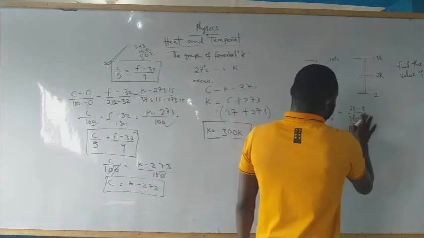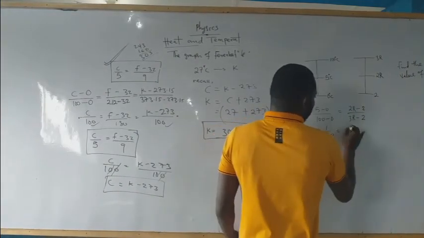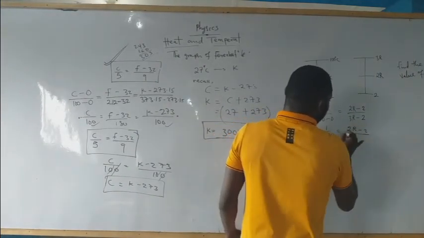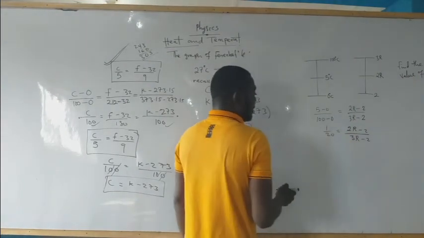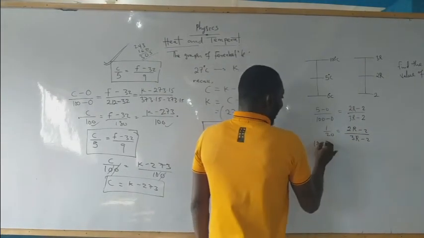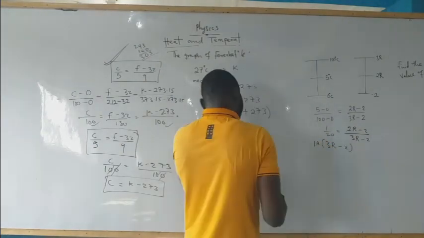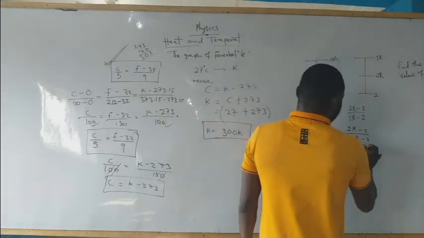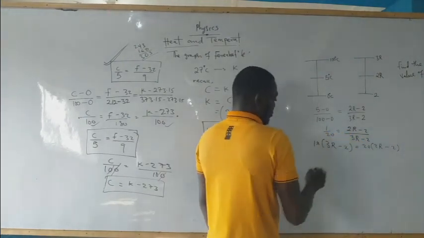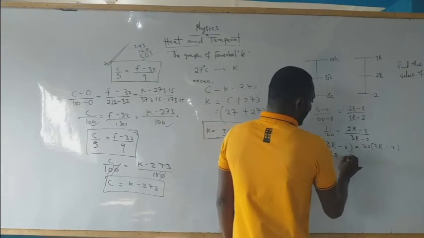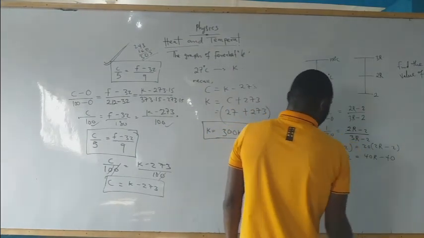And we have 2R minus 2 over 3R minus 2. You can first multiply, so that will give you 1 times 3R minus 2 equals 20 into bracket 2R minus 2. This will be 3R minus 2 equals 40R minus 40. Take it?